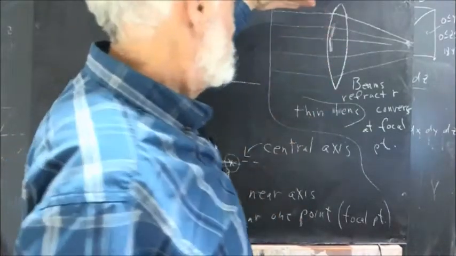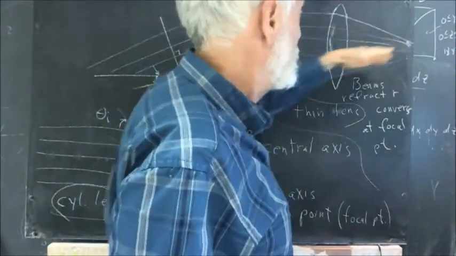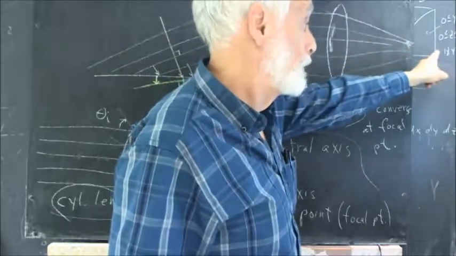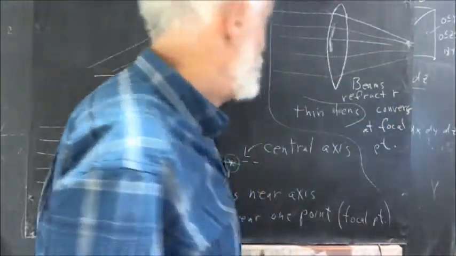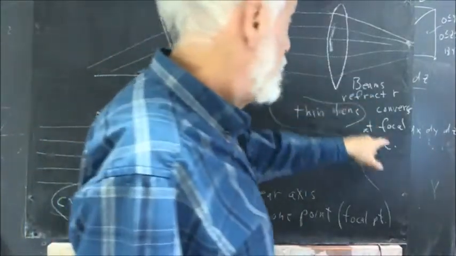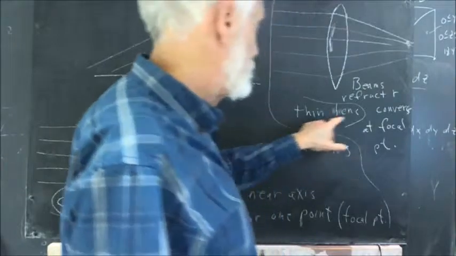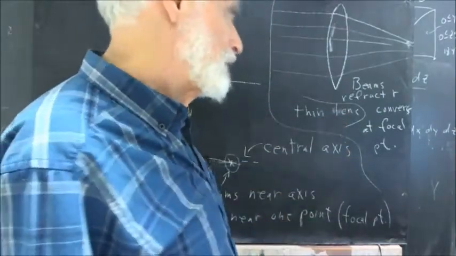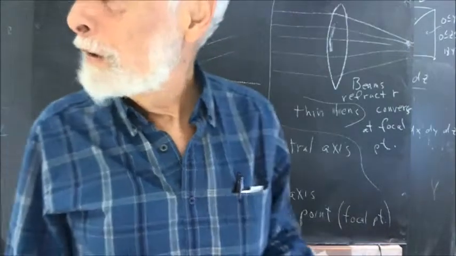Okay? Now, these rays all appear to be converging towards some point right about maybe here on the other side of this board. The beams then refract and converge at what we're going to call a focal point. For a thin lens, the refraction and the convergence isn't perfect due to some of the factors that I mentioned.